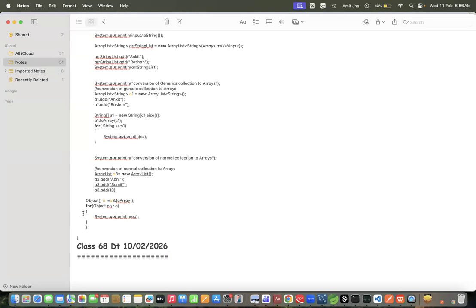This is also a way by which you can read the collection data. Suppose in the collection we have Abhi, Sumit, or an integer. Tell me, in this collection you will have only one object or multiple objects?